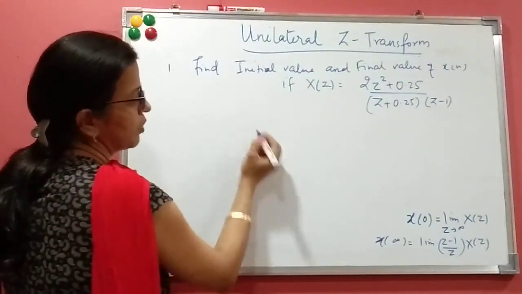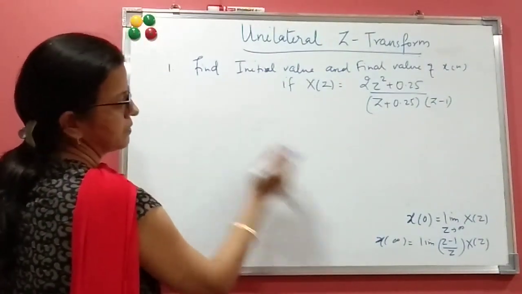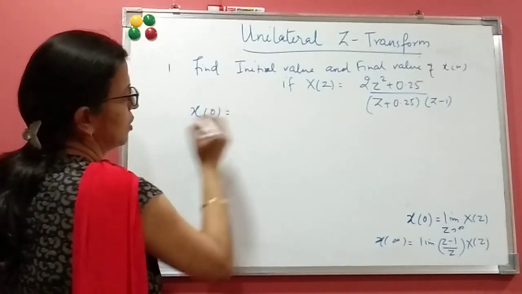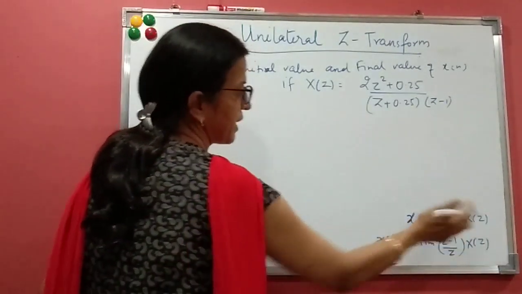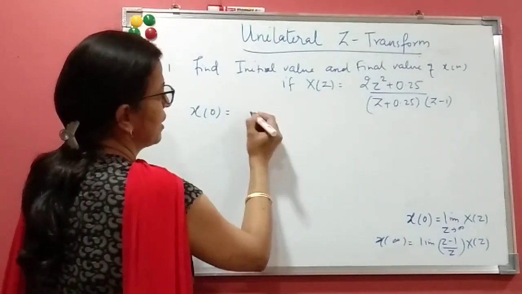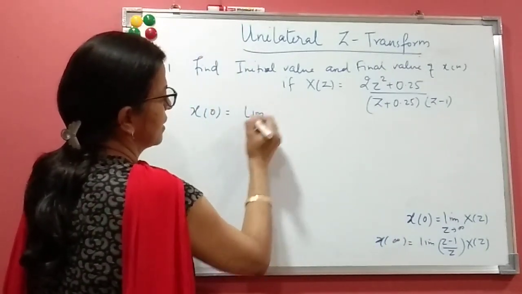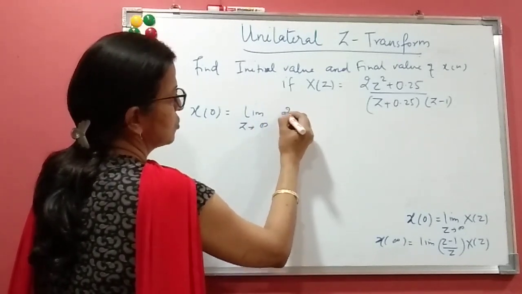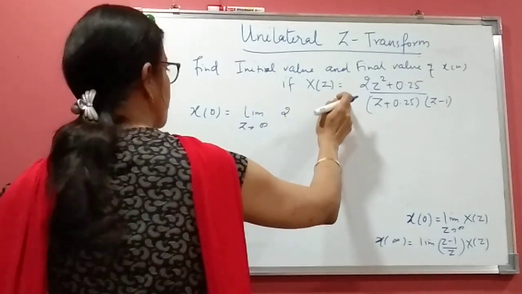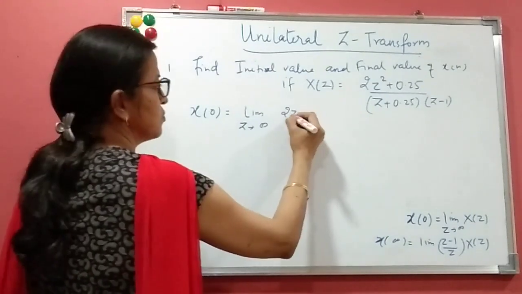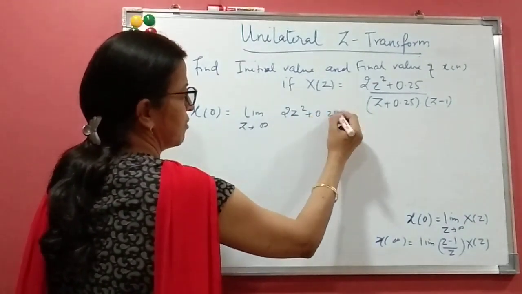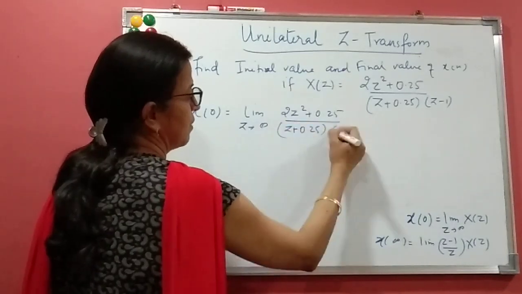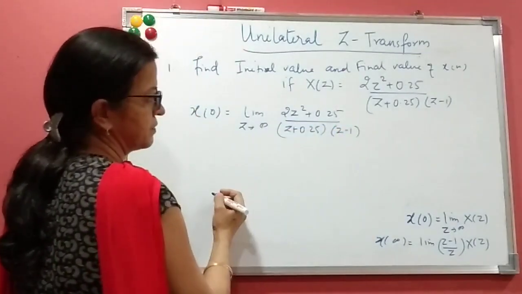So what will be x of 0? What do you have to find first? x of 0 is the limit z tends to infinity, so we write limit z tends to infinity of (2z square plus 0.25) upon (z plus 0.25)(z minus 1).